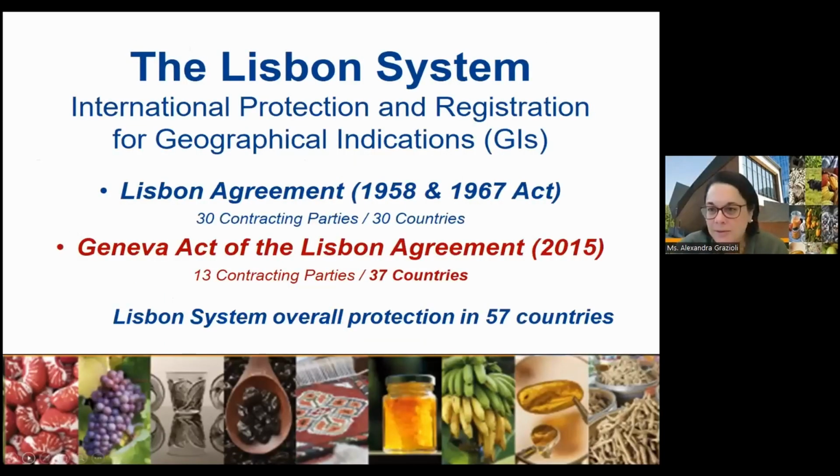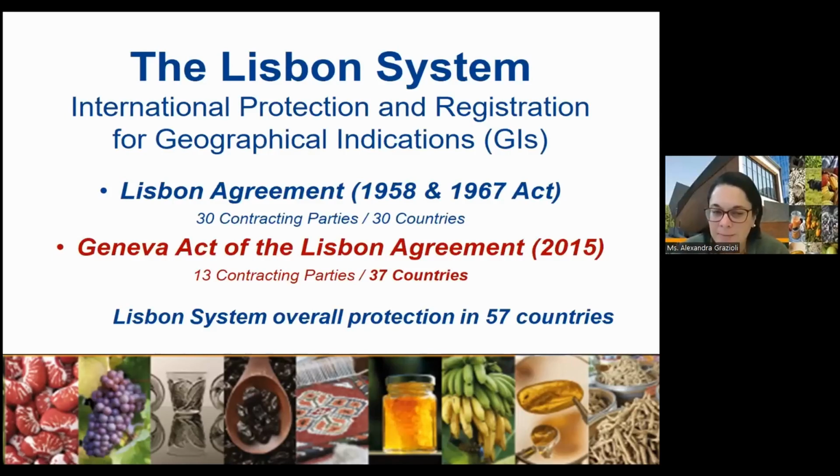What you need to keep in mind about the Lisbon system is that, as with the different registration systems we have in WIPO for patents, trademarks and designs, there is a possibility for member states to revise the treaty over time. And this is what happened with the Lisbon system.